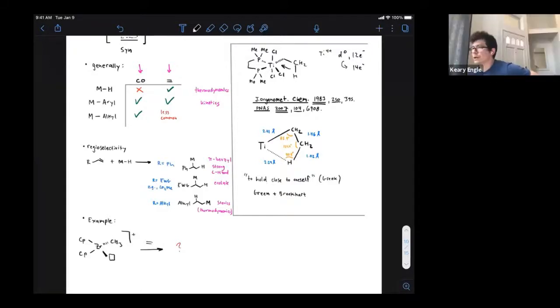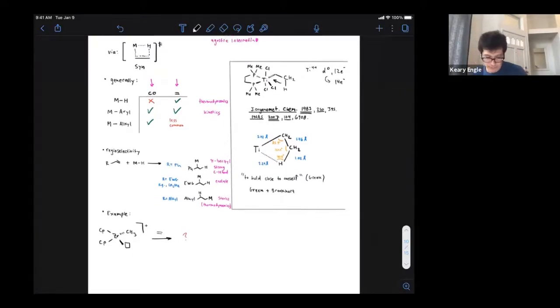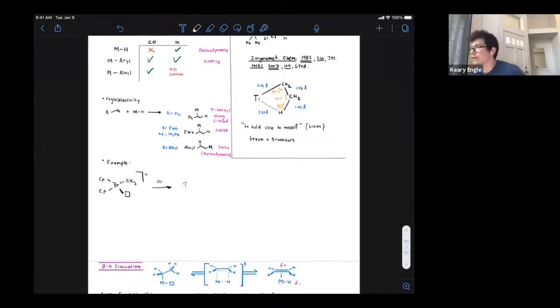Okay. So I see we are out of time, so we will wrap things up here, and then I'll take a few minutes at the beginning of the next class to wrap up the last couple sections, namely a quick primer on beta-hydride elimination, which would just be the reverse of what you saw here, and then transmetallation.